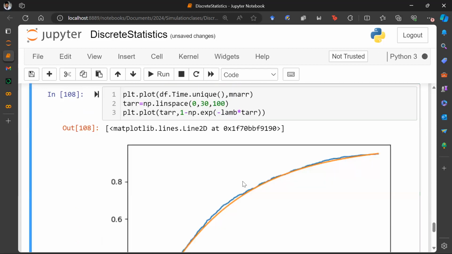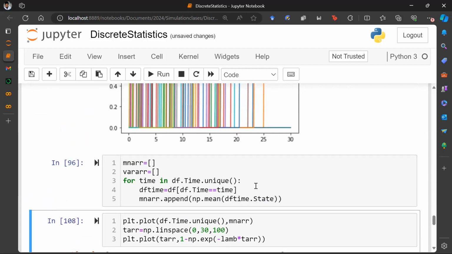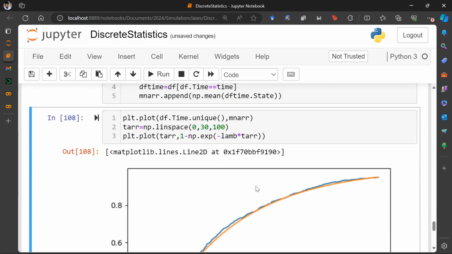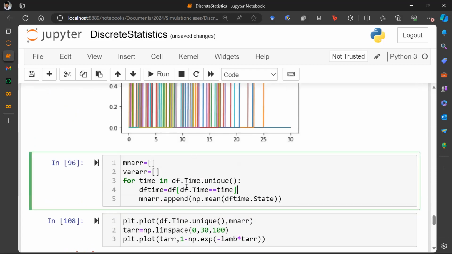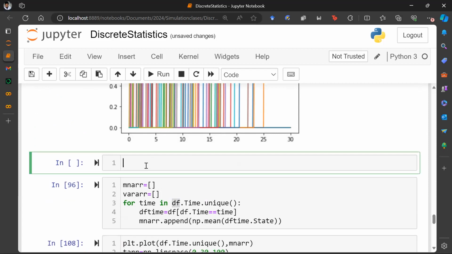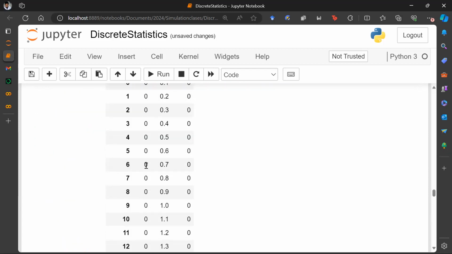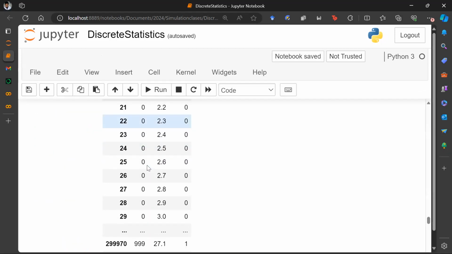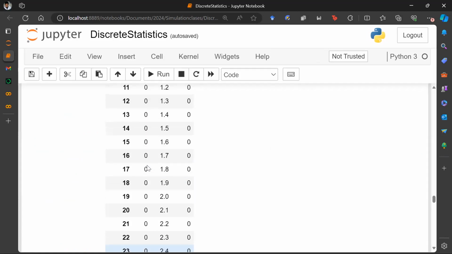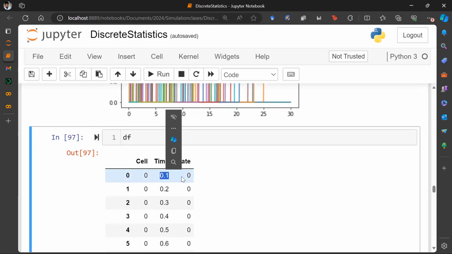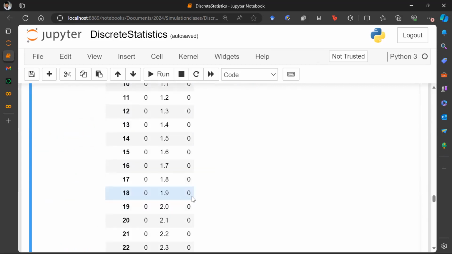Okay, so I can also say the mean. The mean is like taking all, so let's see. From the data frame I got, it is something like this: all cells, and for all times I have the state.